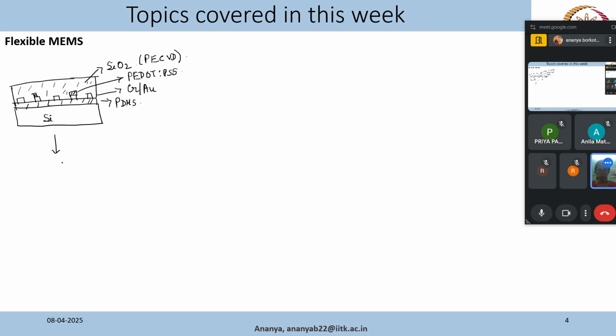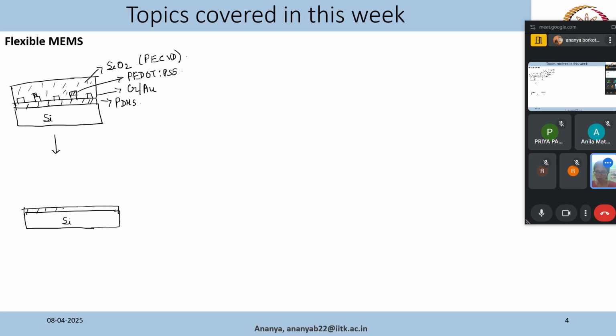This was discussed in detail in the class. I will just give you the final figure. Ultimately we will have a structure like this. So this is silicon. Everything we are doing on silicon, this is for structural support.